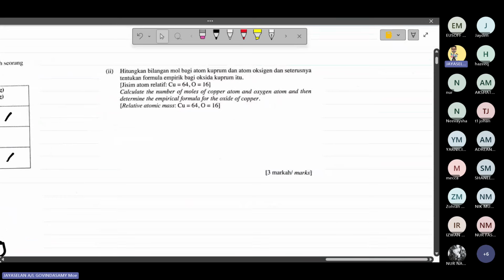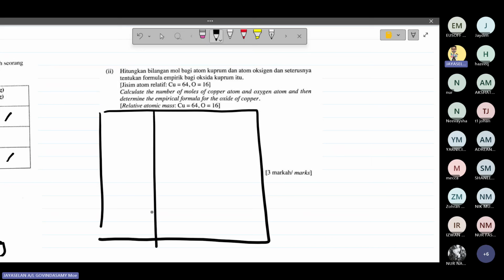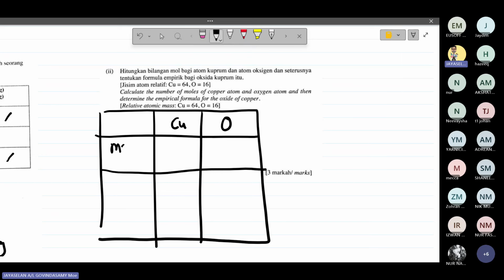Next one. So how to determine the empirical formula? 3 markah, banyak. Okay, can? So must get full mark. So what you guys do here? I will do table lah. Okay, if I'm student like you, I do table copper, oxygen. So the mass I calculated, I put there. So this one 0.08 gram. This is 0.02 gram.